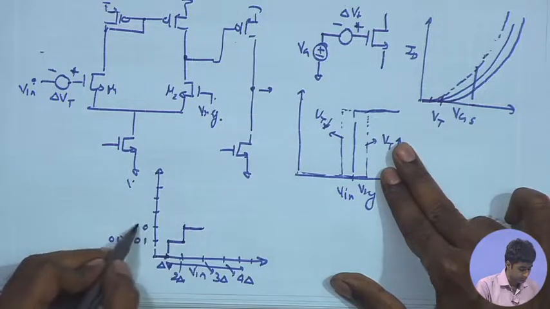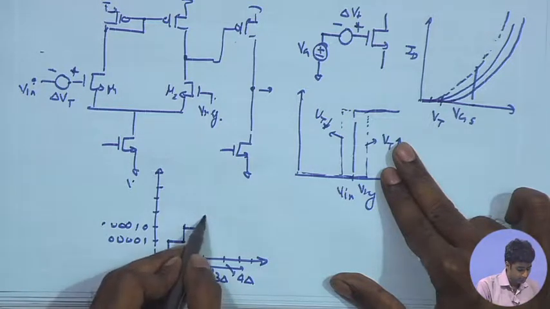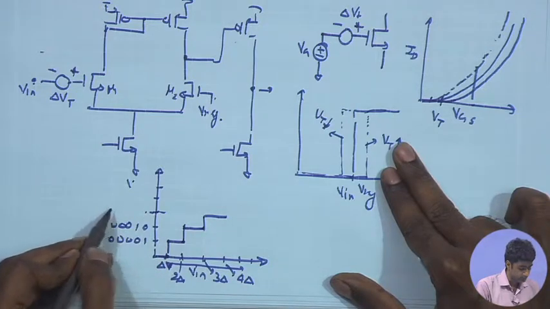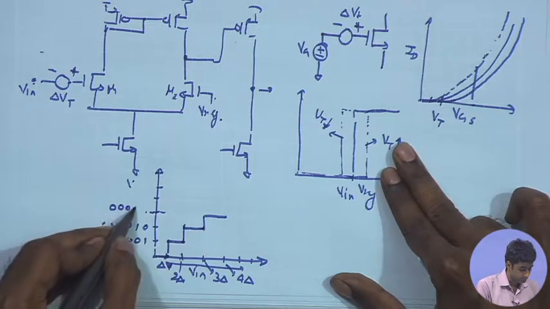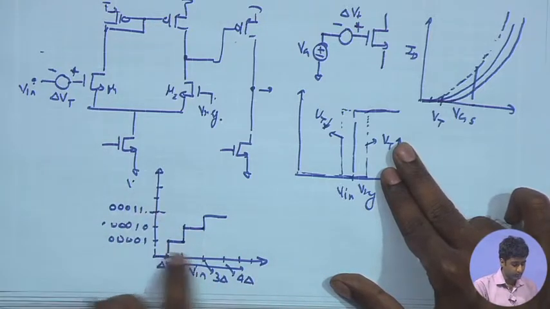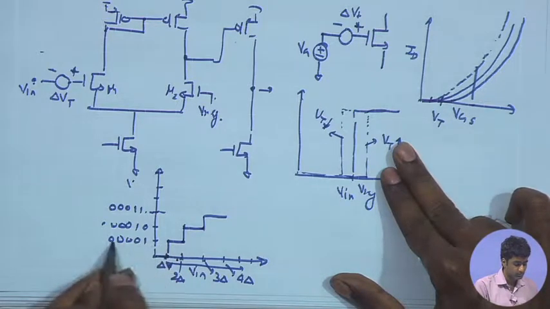So, I can write it 01000 and so on. Likewise, if the signal is between 3 delta and 4 delta, the digital word encoded is 00011 and so on. So, this is the digital word corresponding to the corresponding analog value. If the analog value is lying between delta and 2 delta, it is going to encode it as 0 0 1.